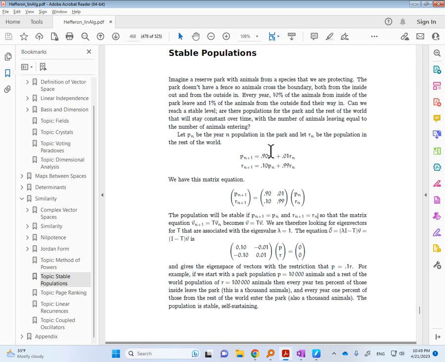But eventually you'll reach some kind of equilibrium. In this case, he does start in the equilibrium. But if I had started with P_0 equals 10 and R equal to 100 or 1,000, you would have some shifting in the populations until they equalized.